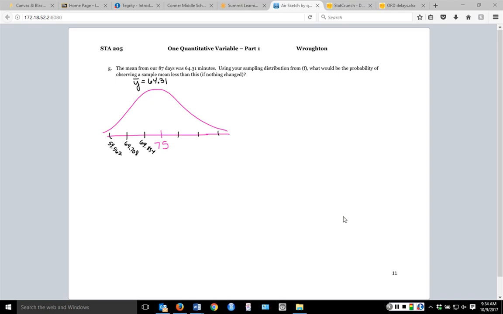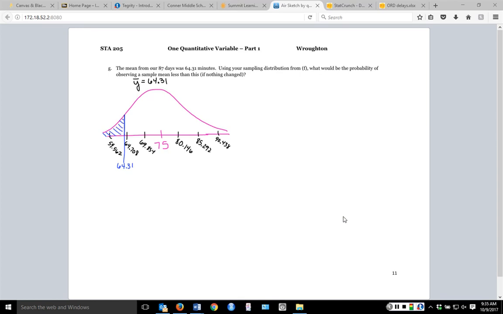So finding all my numbers along the bottom here. Then we take our sample mean that we got, which is our 64.31, which is right in here. And then if it says less than this, we're going to shade to the left.